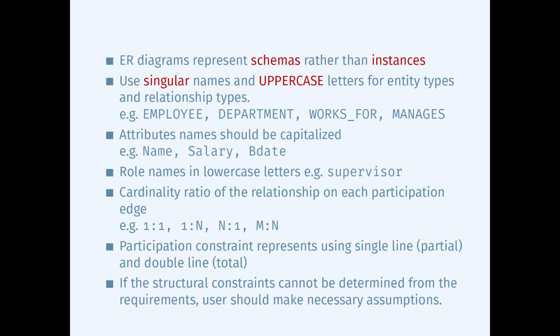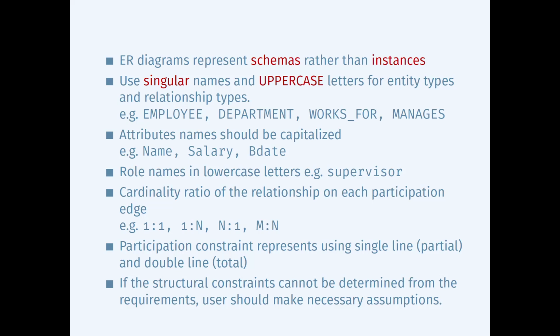Then we have relationships, WORKS FOR, MANAGES, all singular names in uppercase letters. For attribute names, use capitalization like Name and Salary, where the first letter is capital. But if you have role names in a recursive relationship, then you can use lowercase letters.